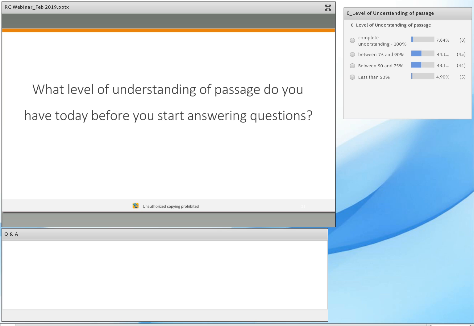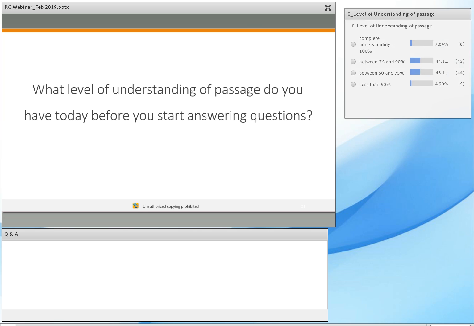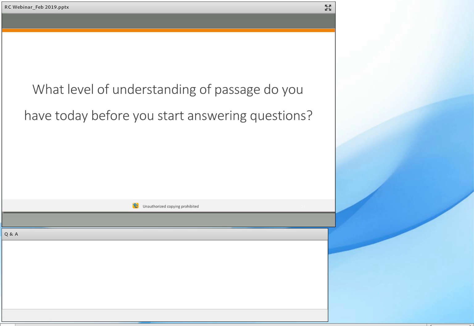So what you see is a good chunk of you are in that 75 to 90%, a few in the 100%, then a good chunk of you in the 50 to 75, and then in the less than 50. Okay, so that's good. So I think we know where the class is. A bulk of you, close to 90% of you, are in that 50 to 75 or 75 to 90.